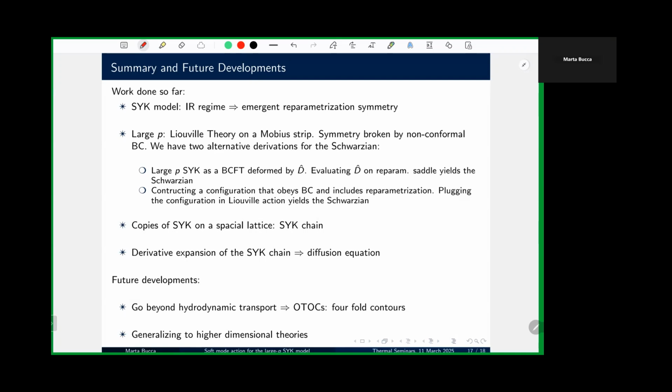And then what we want to do is consider out-of-time-order correlators. This would require a four-fold contour or Schwinger-Keldysh contour instead of the two-fold that we saw in a previous slide. And then the other natural direction for this is generalizing this sort of derivation for the Schwarzian to more complex theories, higher dimensional theories.